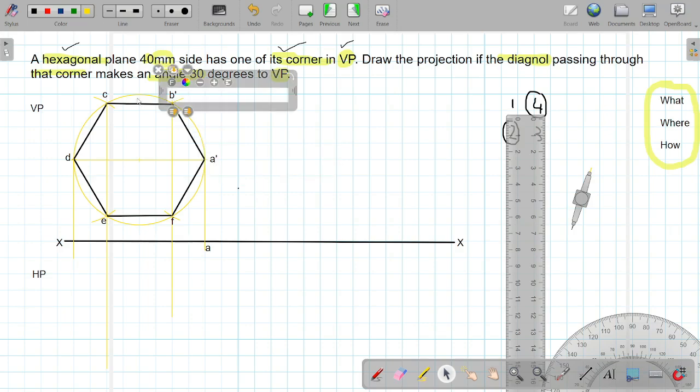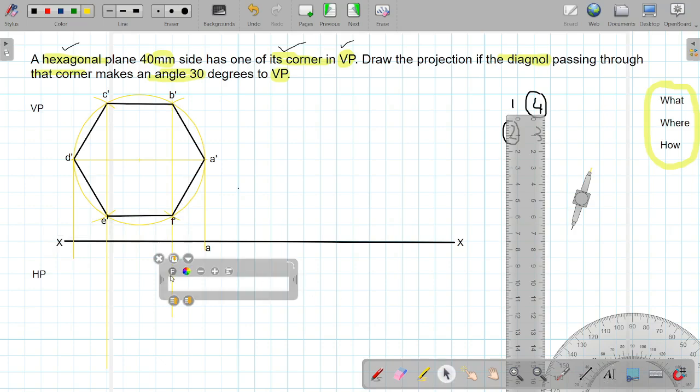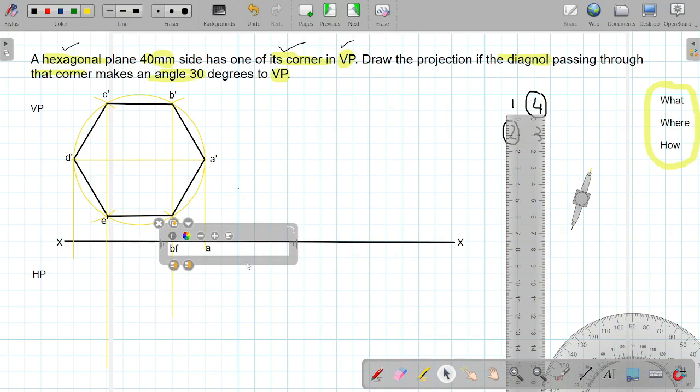So this will be A dash, B dash. So continuing with giving the naming on the top view, this will be B and F, this will be C and E, and then finally this will be D.